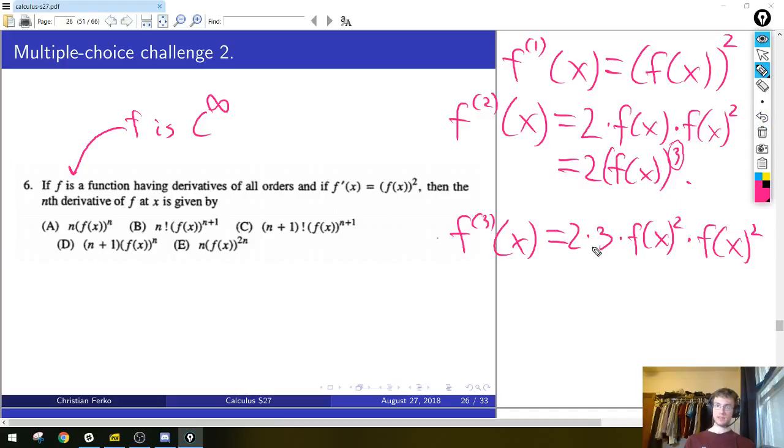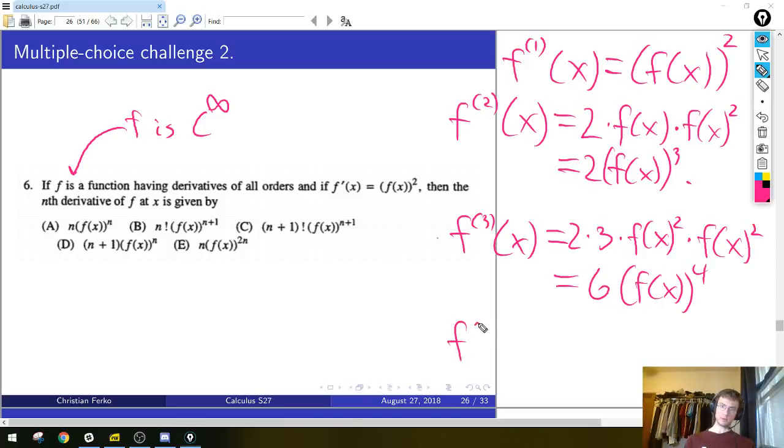So now we're starting to see why the power is going up by 1 every time. So just combining them, this will be 6 times f of x to the power 4. So now we see, it started at the second power. When you differentiate, you lose 1 from the power rule, but you gain 2 from multiplying by the chain rule. Then you do it again. 3 goes down to 2, but then you add 2 back, so it gets up to 4.